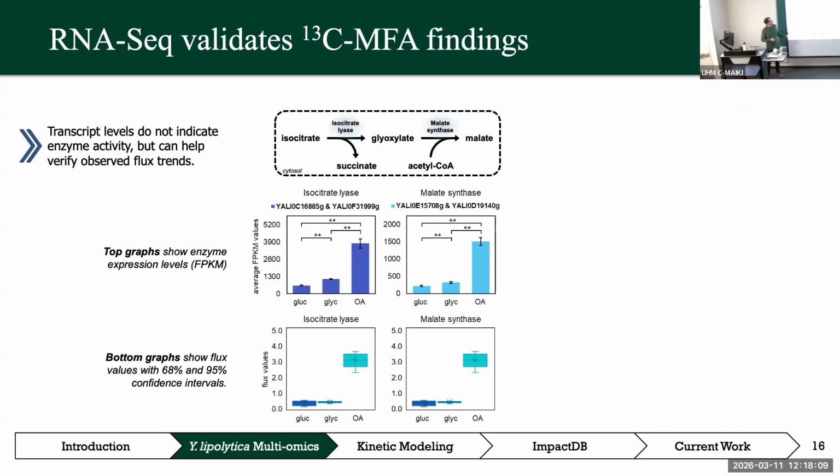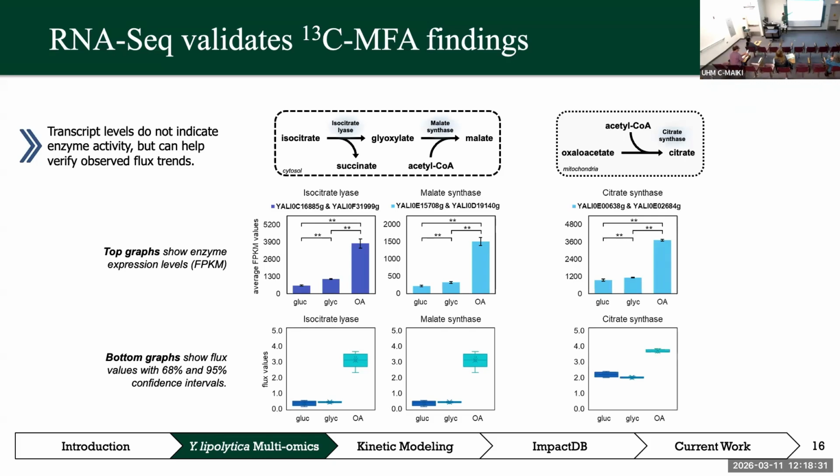Just focusing on the glyoxylate shunt, we see that the transcripts for oleic acid are high for those two key reactions, and that matches the measured reaction rates. And same with one of the steps in the TCA cycle, where the oleic acid has high transcripts and that corresponds to a high reaction rate. So we took this as validation.